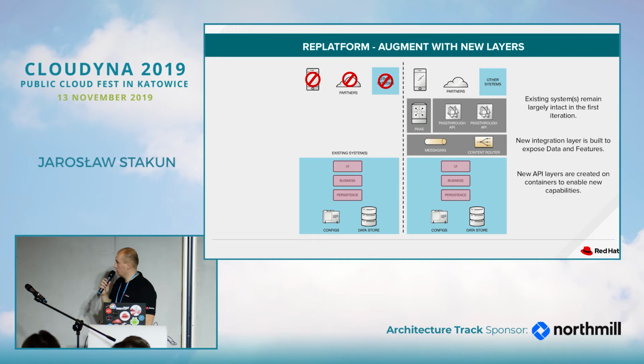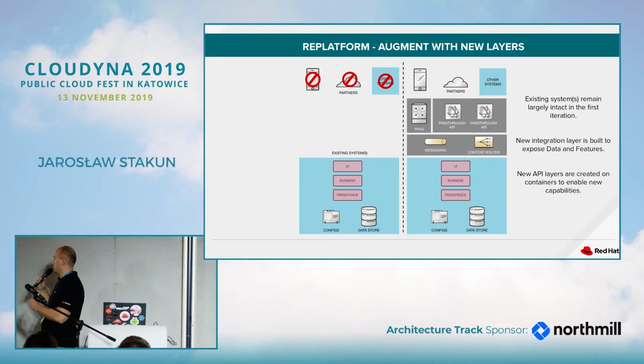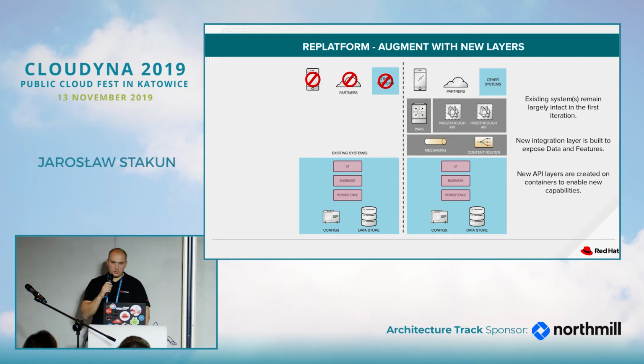So as you can see, this typically requires building some integration layer between the old part of the application and the new services. But for some topologies of the application, this works pretty well, and of course for some use cases.